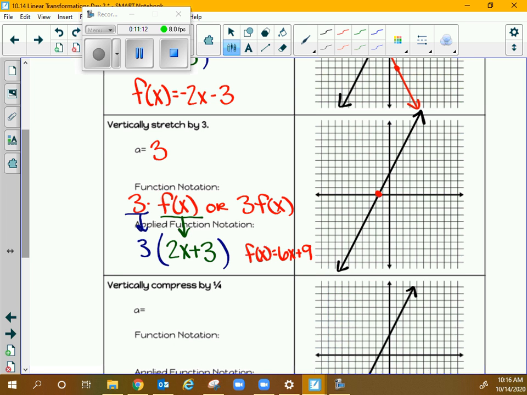So I'm going through 9, 4, 5, 6, 7, 8, 9. 1, 2, 3, 4, 5, 6.